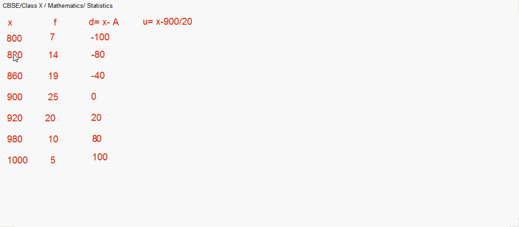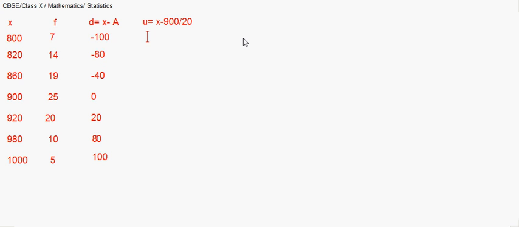We are assuming h to be 20, right? Because the first one I'm taking as 20, a common platform for h. Later on you might come across questions where they remain the same, but here I'm assuming it to be 20. In that case we will be calculating x was 800 minus a is 900, that is minus 100 by 20.